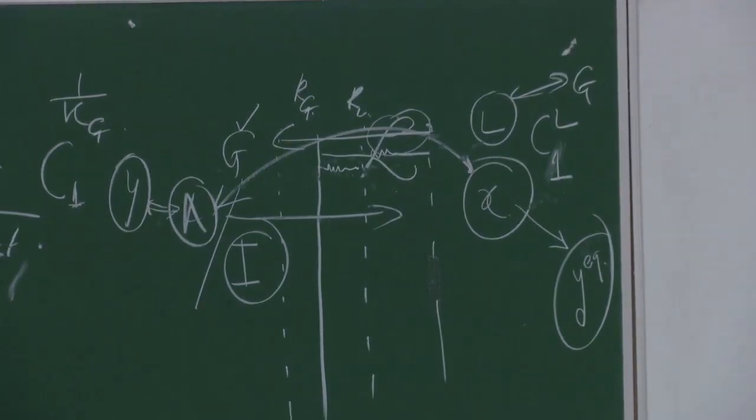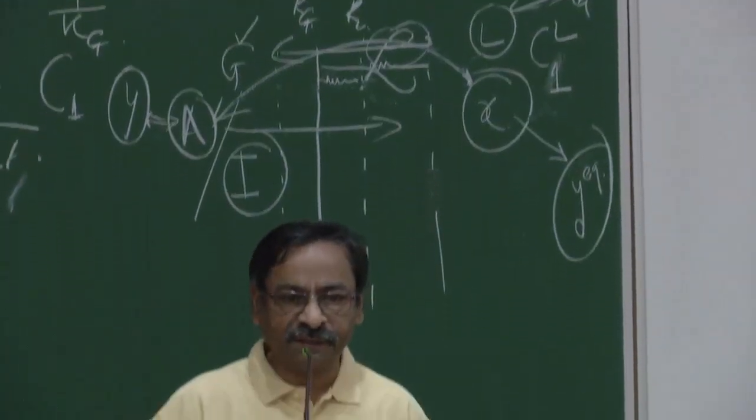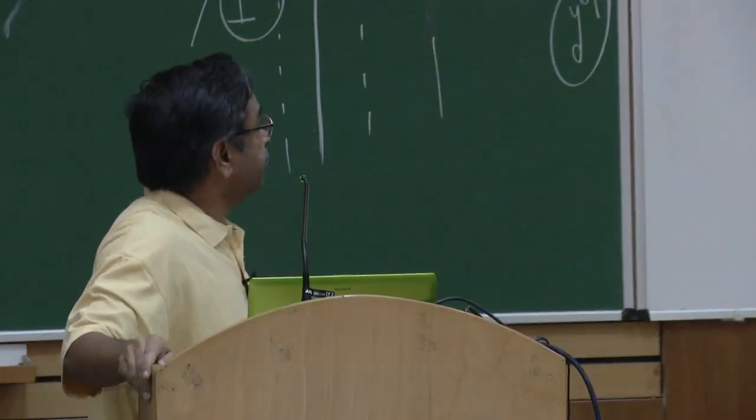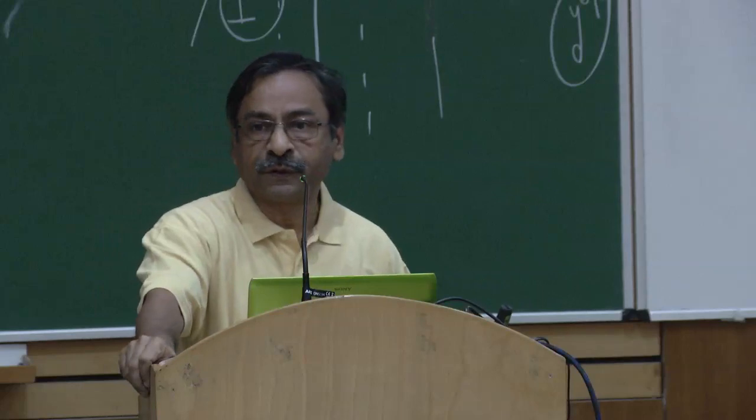If you work with the resistance concept, this is something you should be able to check for yourself. Okay. So, 1 by Kg, left hand side here, gives you the overall resistance in terms of gas phase.